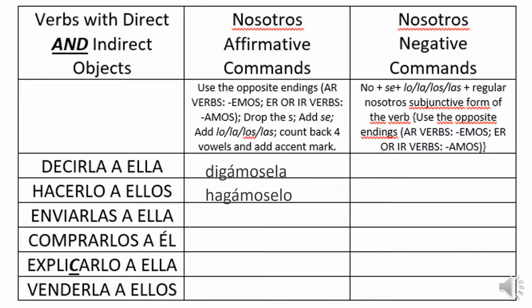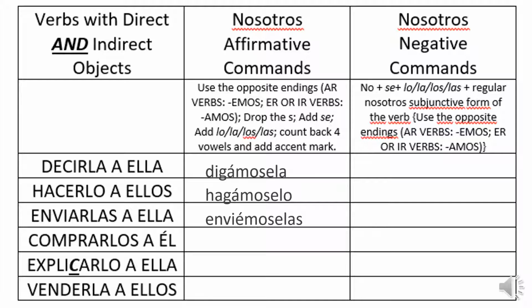If we want to say, let's send them to her. Let's send her those letters. Enviémoselas. It's an AR verb, so we used EMOS. We dropped the S. We added the se, and then we added the las at the end, and we went all the way back to the E to add the accent.